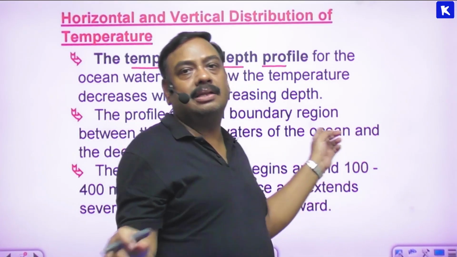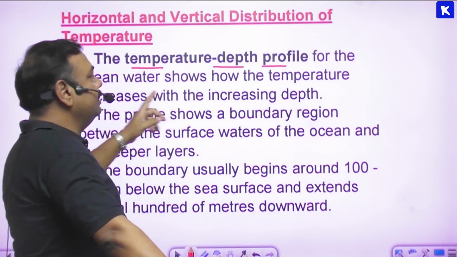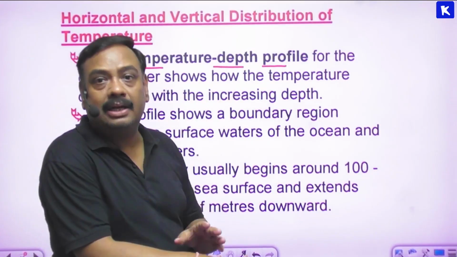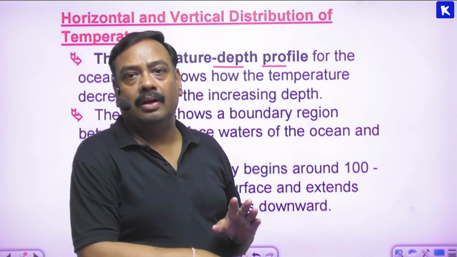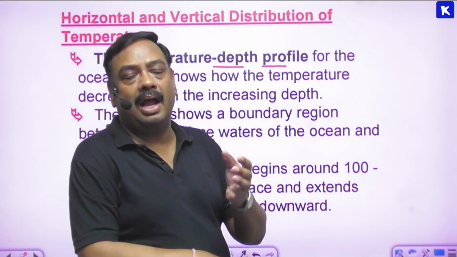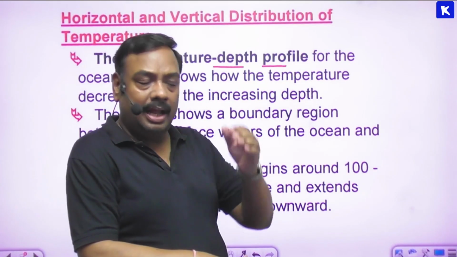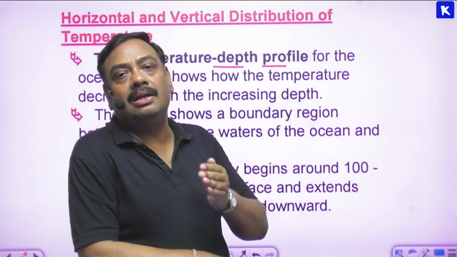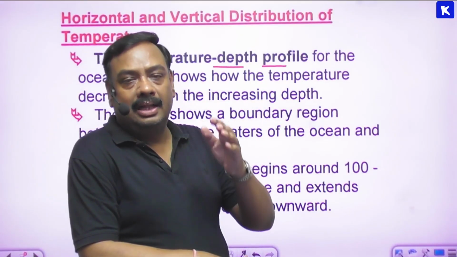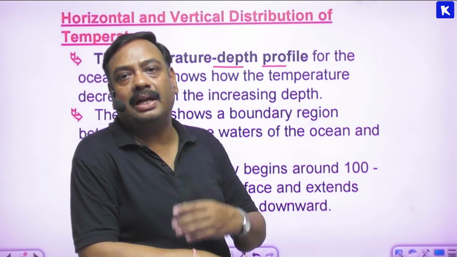That is what is written here: the temperature decreases with the increasing depth. Obviously it is so, because the heat energy received at the sea surface gets transmitted towards the bottom, and with the gradual increase in depth there is a gradual decrease in the amount of heat energy, and that is why the temperature decreases.